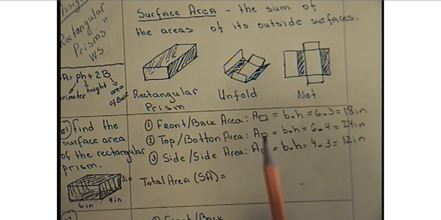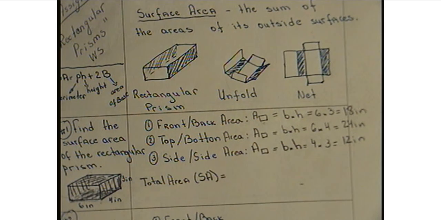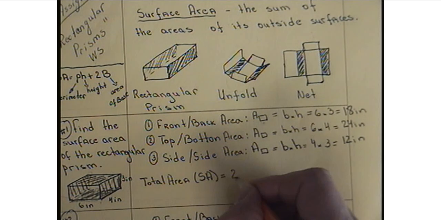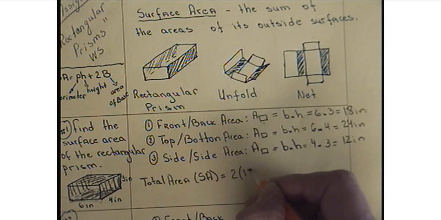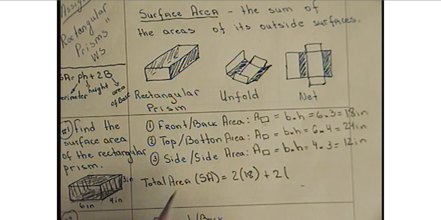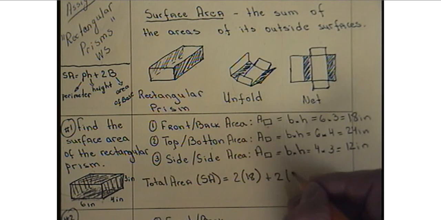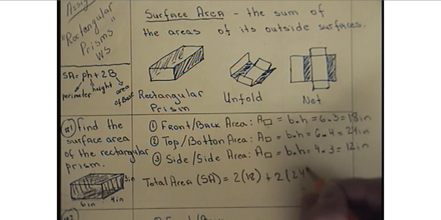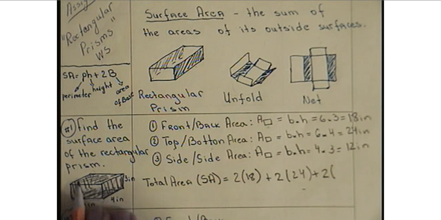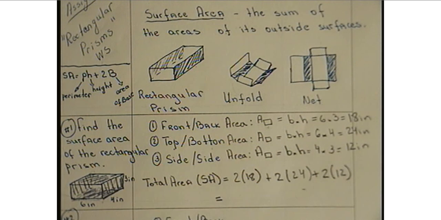Now, because we calculated the area of one rectangle, we want to multiply by 2 because we have front and back. So twice the first area, 18, plus twice the second area of top and bottom, which is 24, plus twice the third one, side and side, 12. This will give us the final answer.